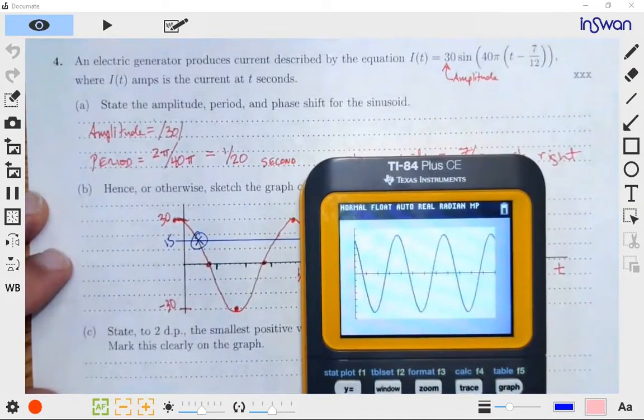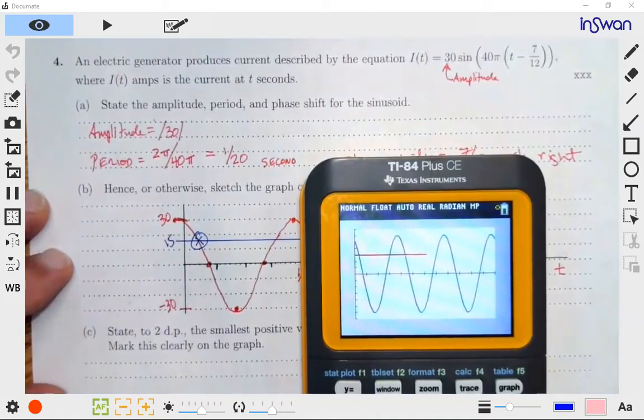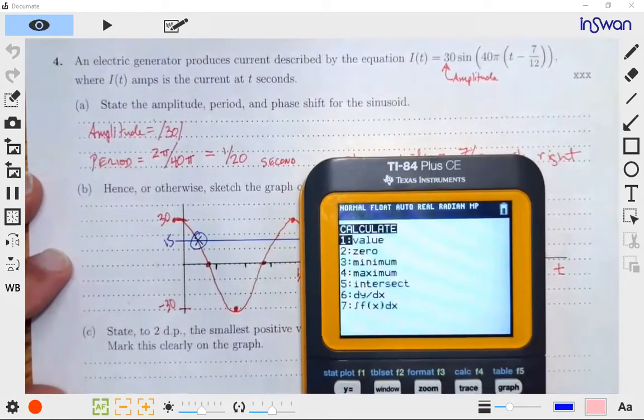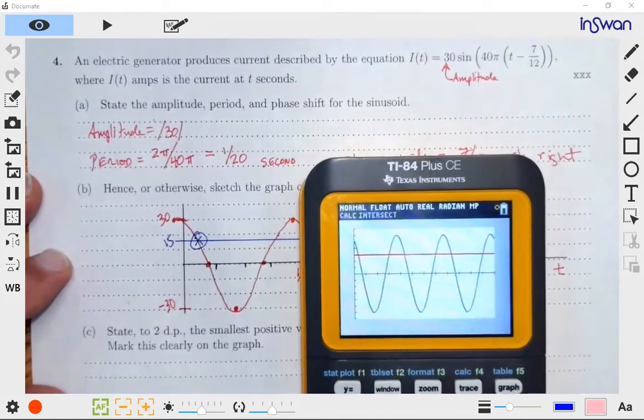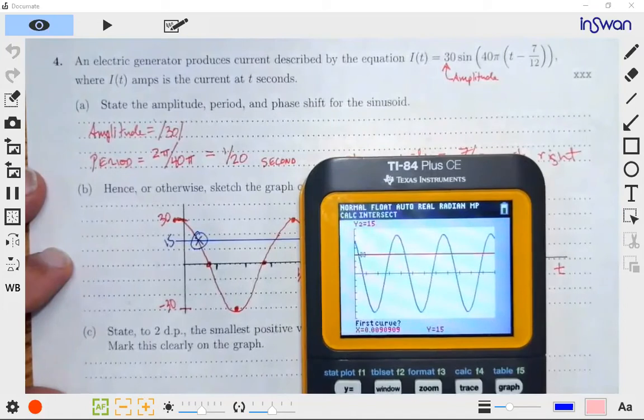In order to find that on my calculator, I can come back to y equals, put in the second graph at 15, graph it, and now find the point of intersection. So second, calculate, intersection, arrow to my curve of 15. I'm going to arrow close to the point of intersection. Press enter once. Second curve, that's good enough. Press enter twice.